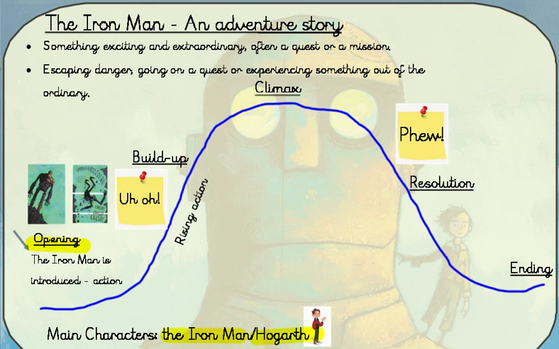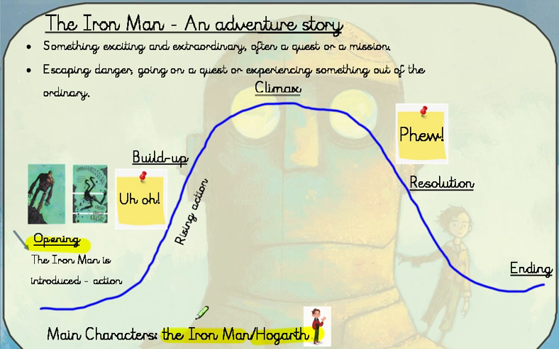I'm not going to tell you the rest of the plot for our story, but just remind you of the story stages. So today, like I said, we're looking at the opening, and then after the opening we have our build-up. So the action is rising, some tension is rising, then we reach our climax, so our problem in our story for our main character, and then down towards the end of our story we have the resolution, so how the main character gets out of it, and our ending.